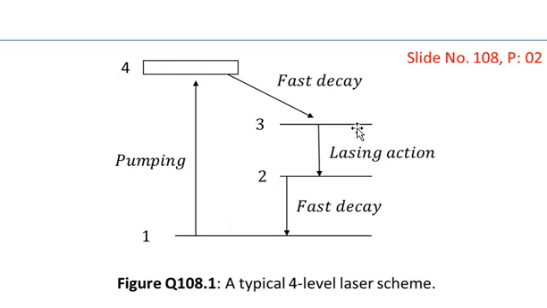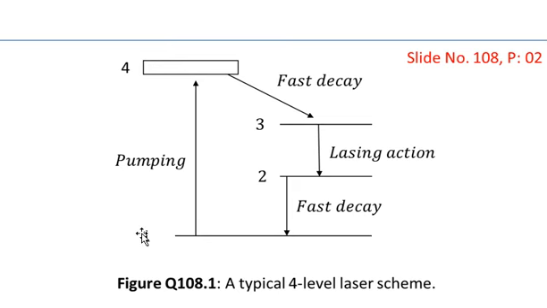So the upper laser level is level number 3 and the lower laser level is level number 2 in a typical four-level laser system. We can also consider that there could be other levels above level number 4, that is level number 5 or level number 6, and we can also perform the pumping to those levels.